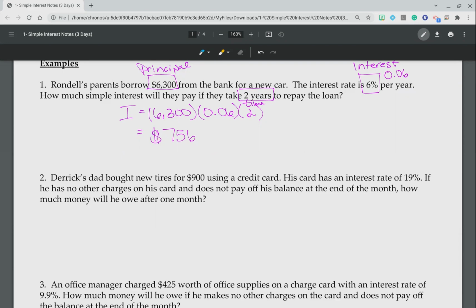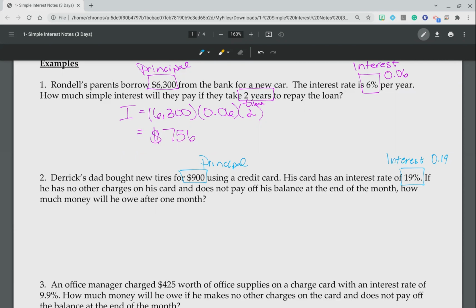This one's a little bit trickier. He bought the new tires for $900. That's the principal. That's how much you borrowed because you put it on your credit card. Our interest rate is 19%, and that's going to be 0.19 once I change it to a decimal.